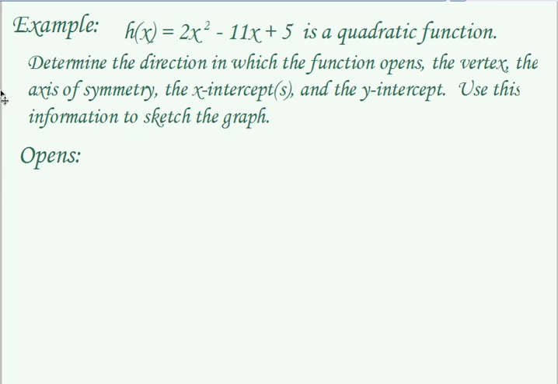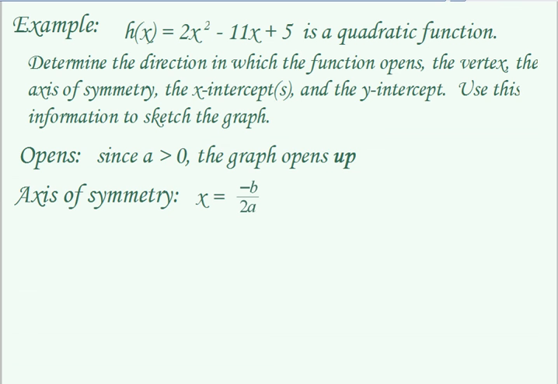So let's start with the direction this parabola opens. Remember, that comes from the value of A. If A is positive, it opens up. If A is negative, it opens down. In this case, A is positive, so we know our graph opens up. So we know kind of the shape of our graph.